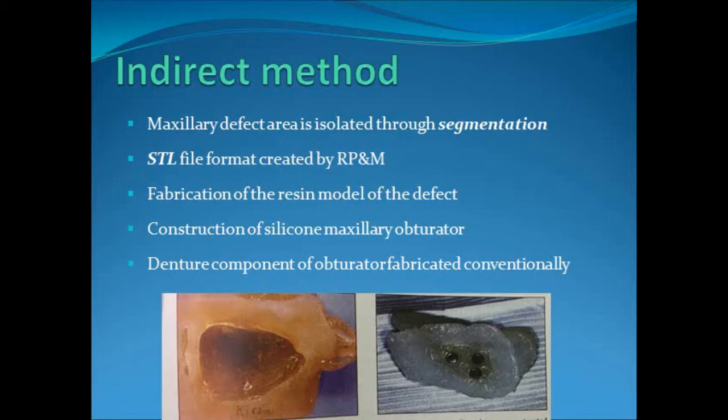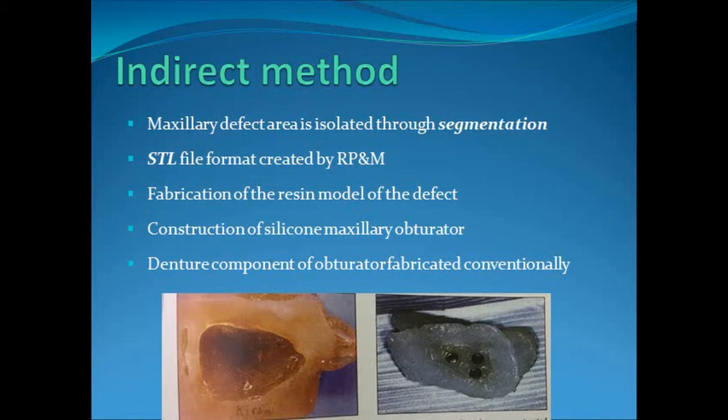The full form of STL is Standard Tessellation Language. Once this file format is created, it is sent to the RP&M device to produce the resin model of the maxillary defect. Once a resin model is created, it is used as a mold for the construction of the maxillary obturator in a final silicon elastomeric material.